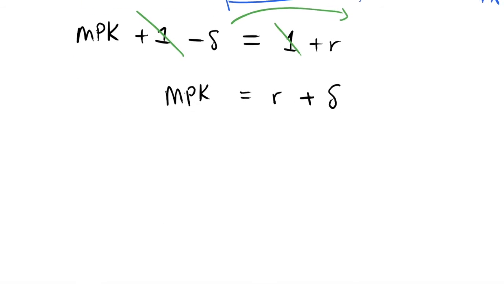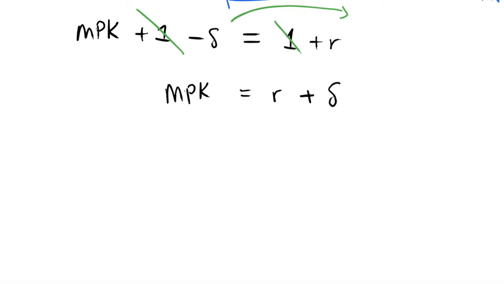If we want to solve for the exact optimal level of capital, we can use the fact that we know what our marginal product of capital equation is.